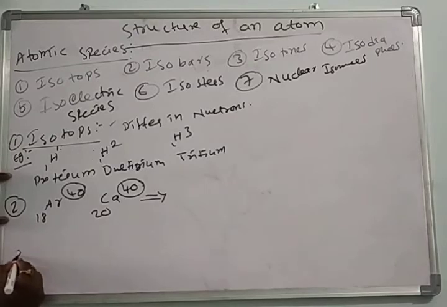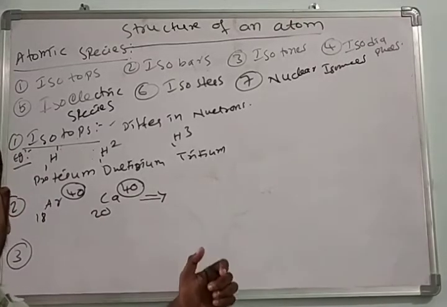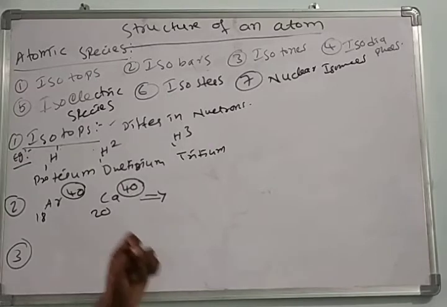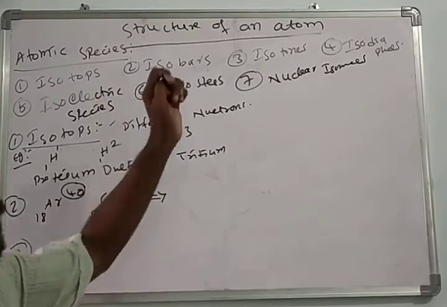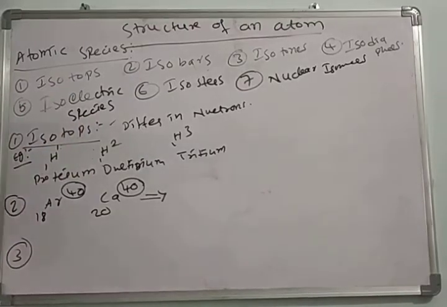Third one, we'll see isotones. The atomic species which have different atomic number and different mass number, but the same number of neutrons, we call isotones.